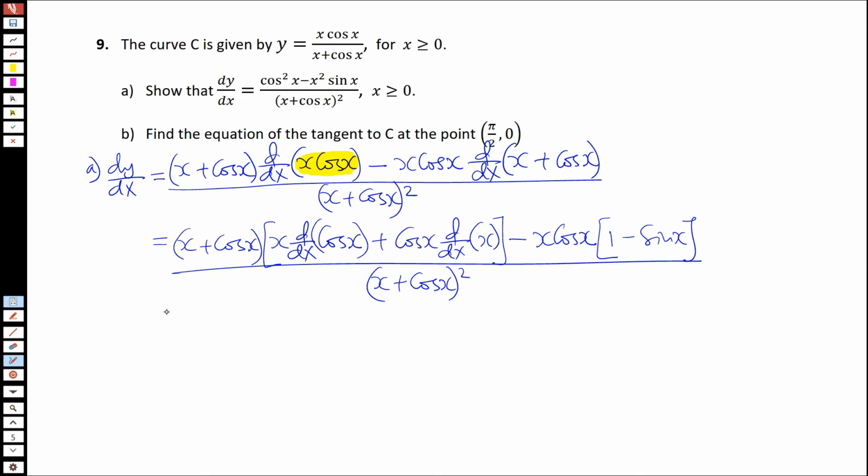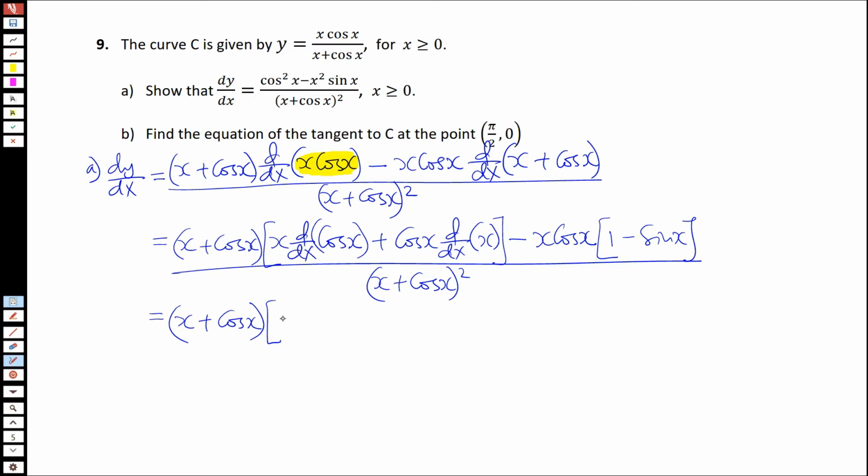The next step is we'll have to differentiate this, so this will be x plus cos x multiplied by x. The derivative of cos x is negative sine x.